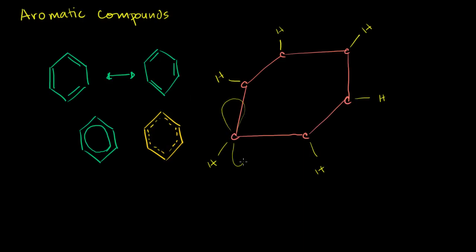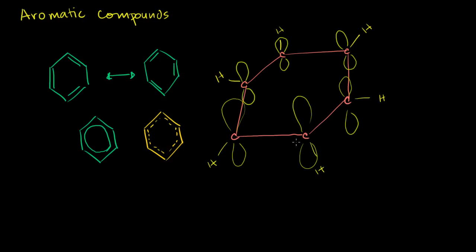You have a pi orbital over here, over here, over here, over there, and another one over there, and one more. I drew them like this because if I drew them bigger than that, the diagram would get messy. But in general, whenever you have double bonds, like this double bond, let's say that this carbon, let me change color so we know what we're focused on.